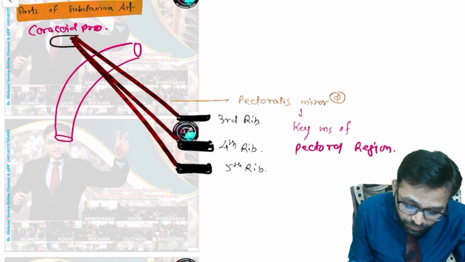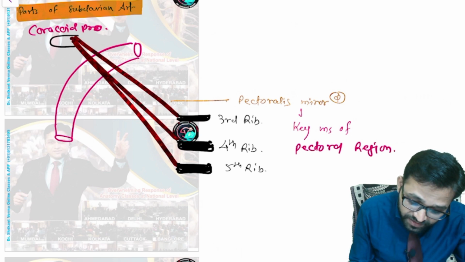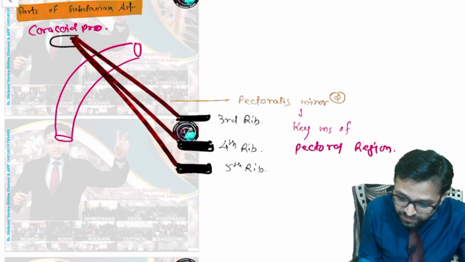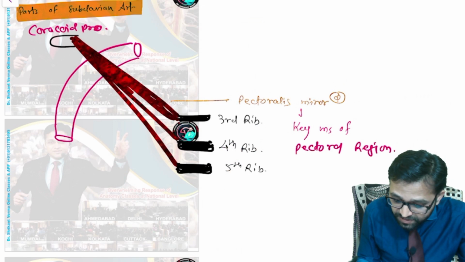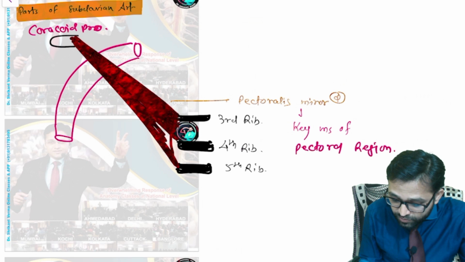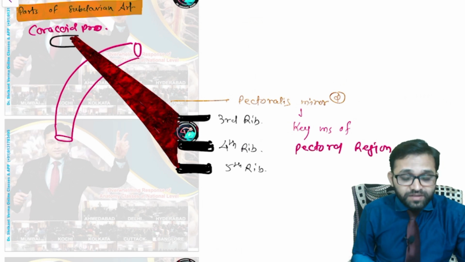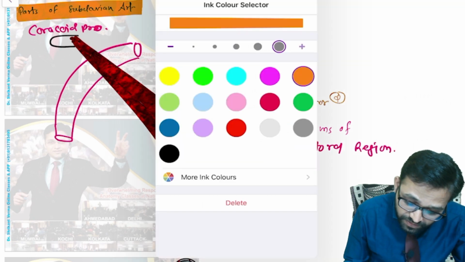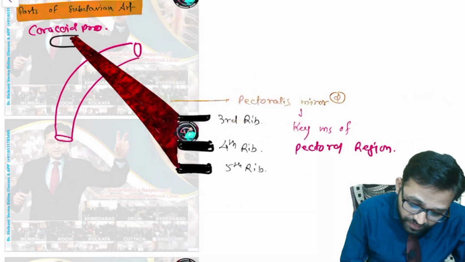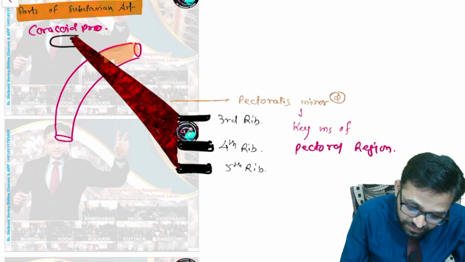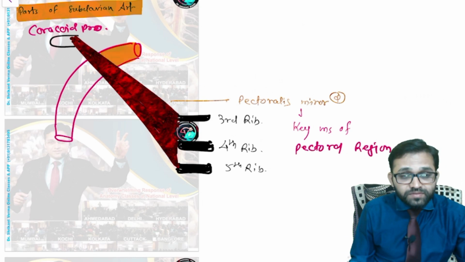Now what is the point which we have to see, that this particular pectoralis minor is dividing the axillary artery into three different parts. Can you observe? Above this pectoralis minor, this is our first part.